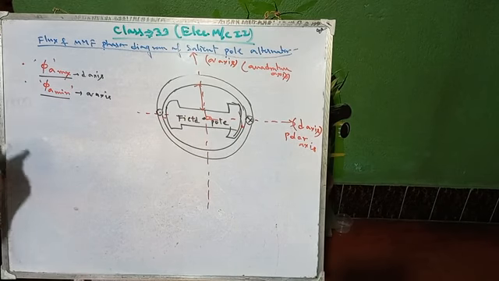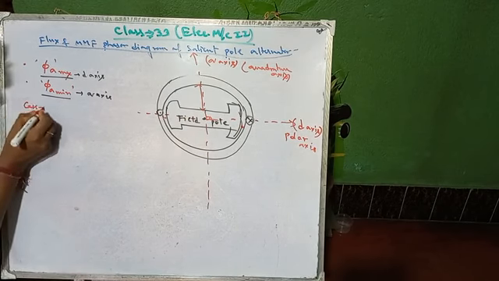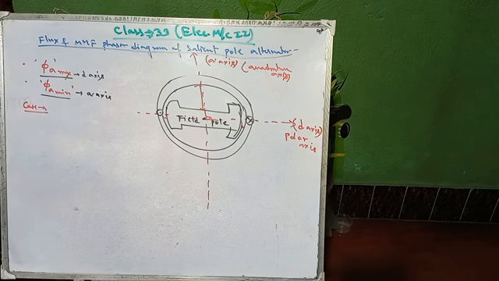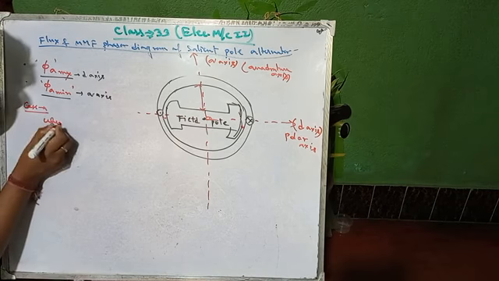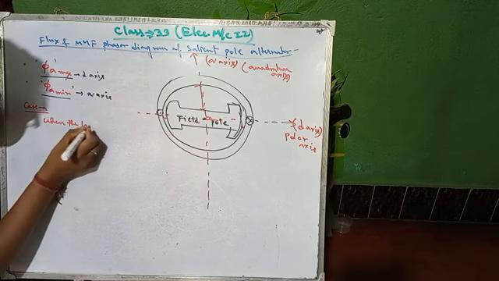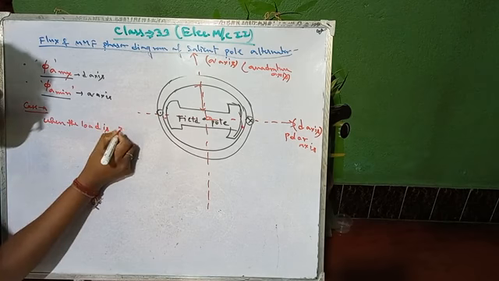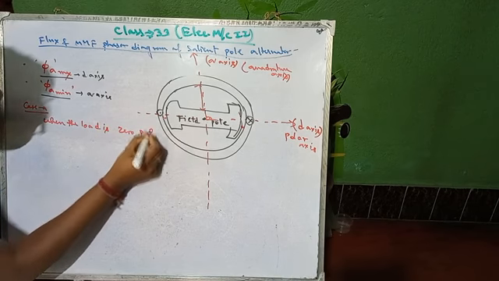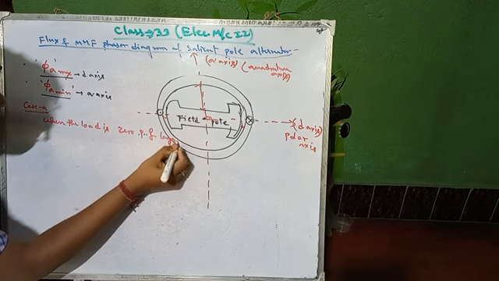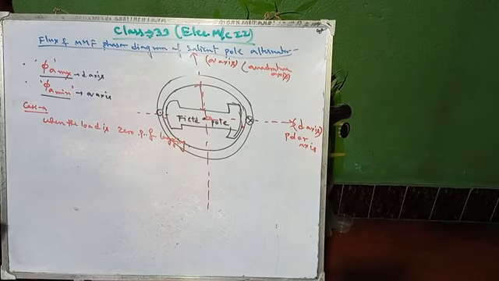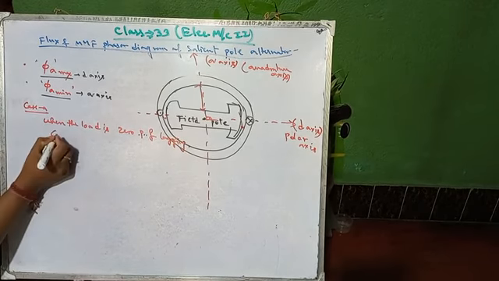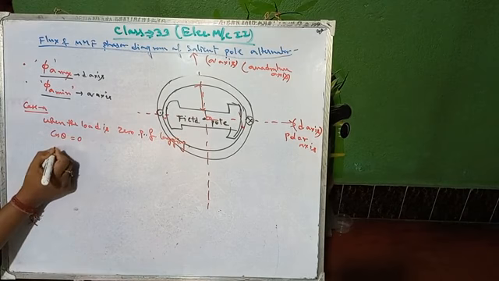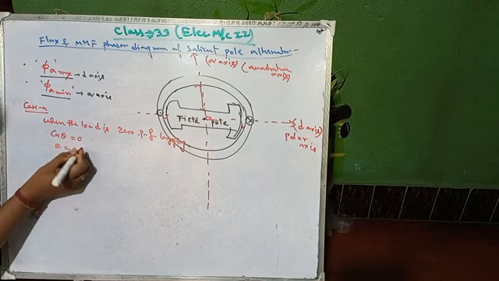So there are two cases. Case A: when the load is zero power factor lagging, that means cos theta equals 0, that is theta equals 90 degrees.